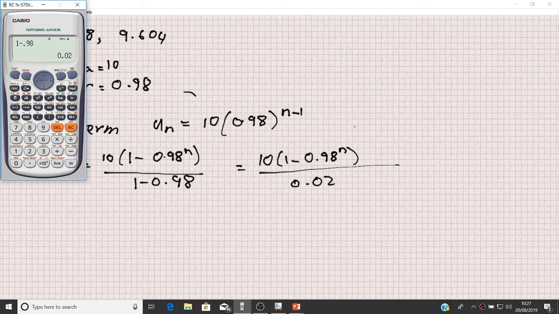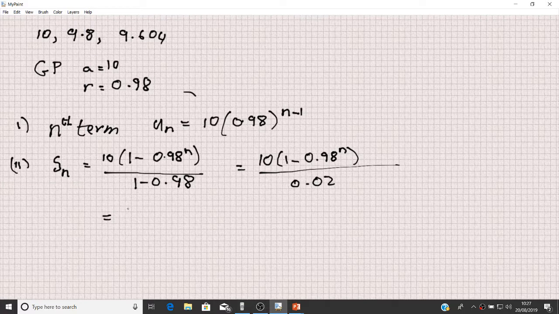Okay, so it's 500. So we have 500 times 1 minus 0.98 to the power of n.